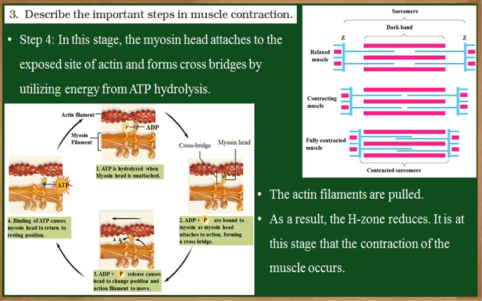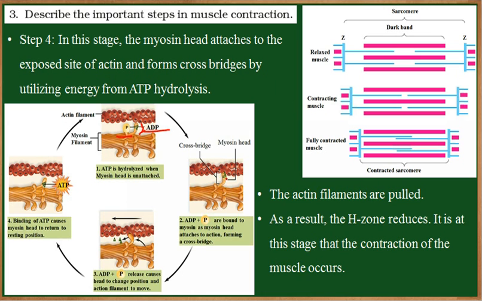In the next stage, ATP. The myosin head has two binding sites. One binds to the myosin binding site which is present on the actin filament. Another can bind to ATP. When an ATP binds to the myosin head, it is hydrolyzed and converted into ADP and inorganic phosphate, during which energy is released. This energy is consumed for the myosin head to raise up.